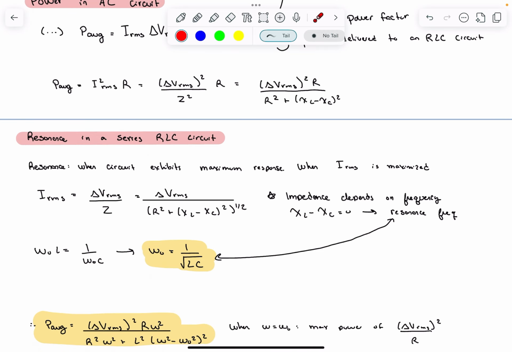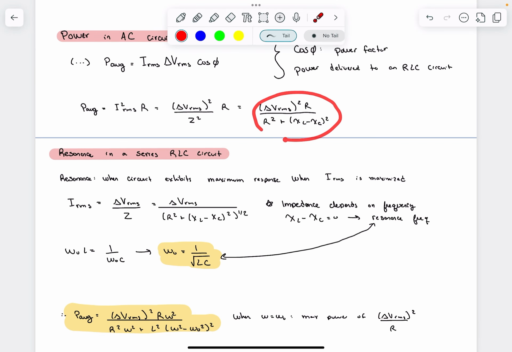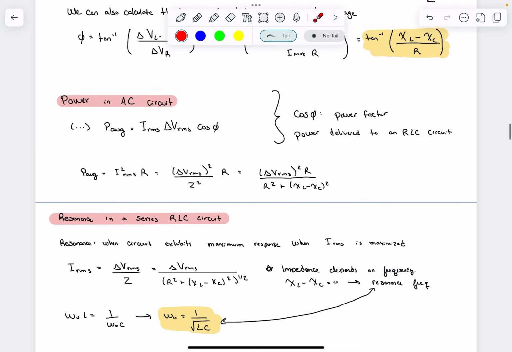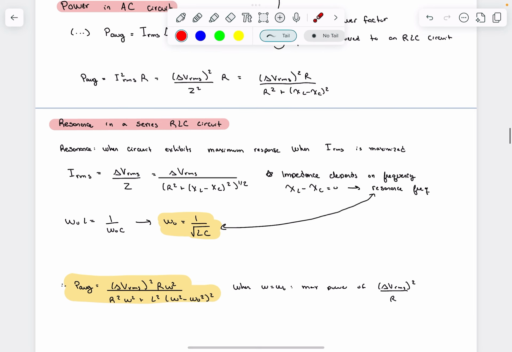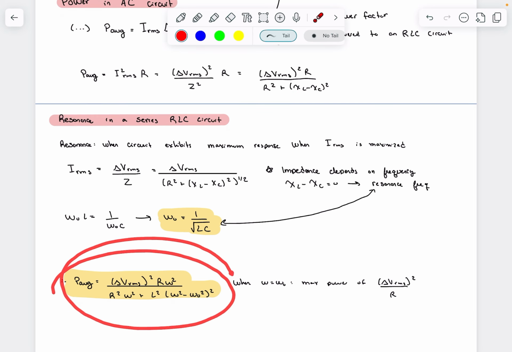What we're going to do now is take this P average equation that we found, and then plug in all of our values. So what I mean by that is plug in our XL values and our XC, and then simplify it down until it looks like something like this.